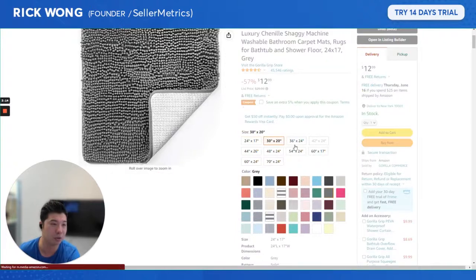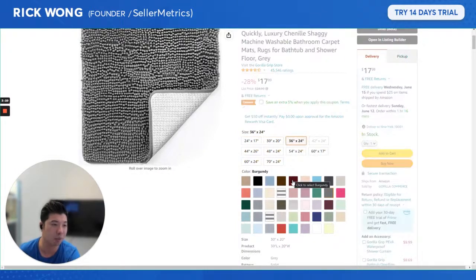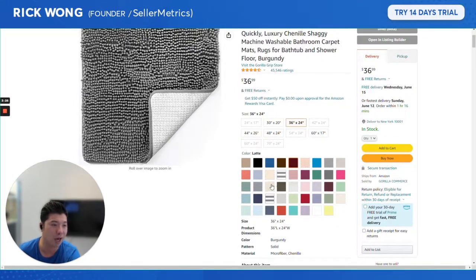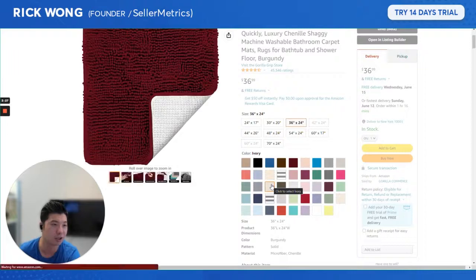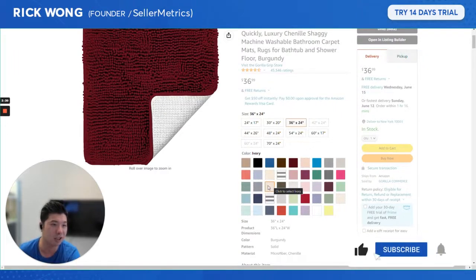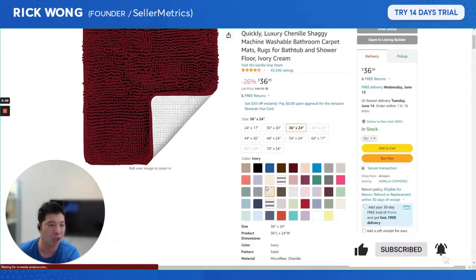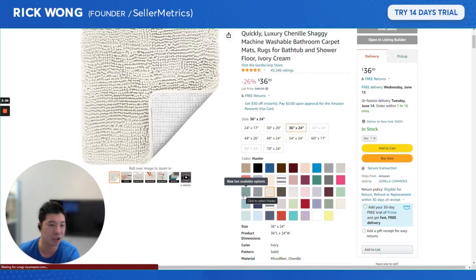And then if they choose the different variations, they'll make up the margins on that $12.99 product. So that $12.99 product right there is their loss leader, right? I think this works really well if you have many different variations that could cover the losses of your main variation that you're promoting.